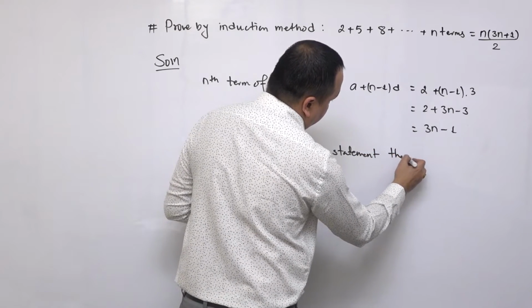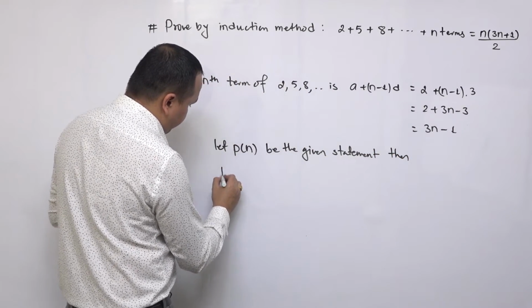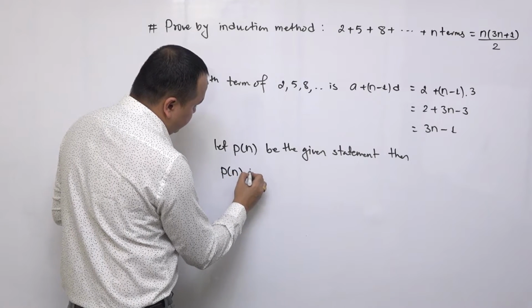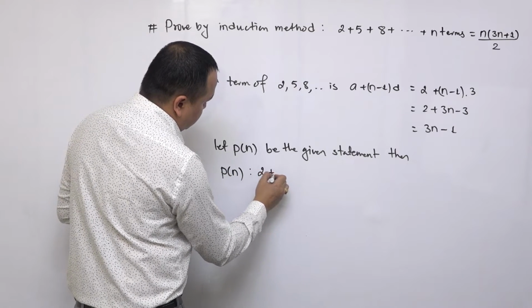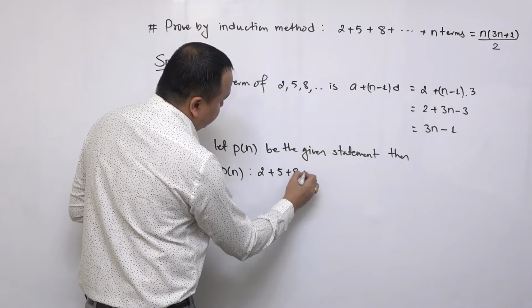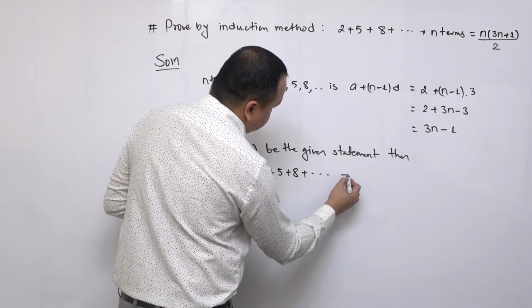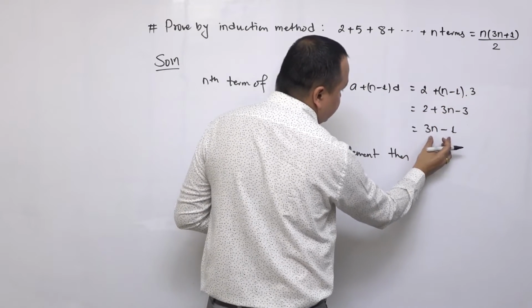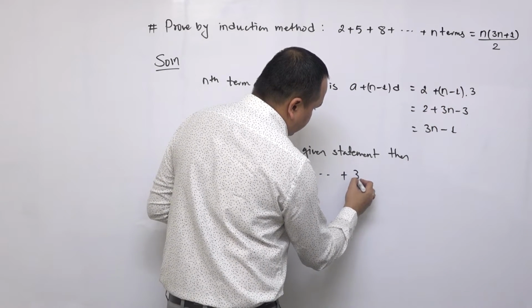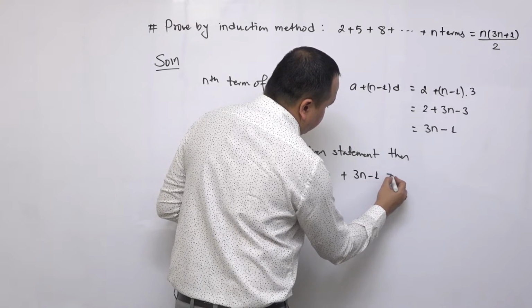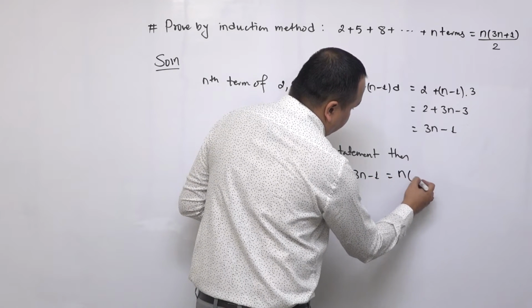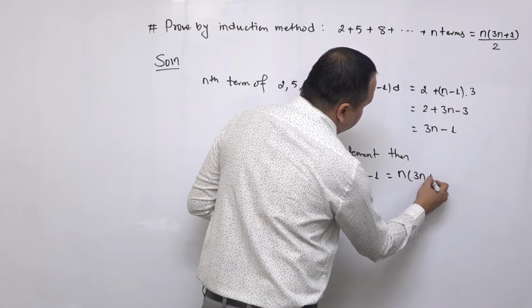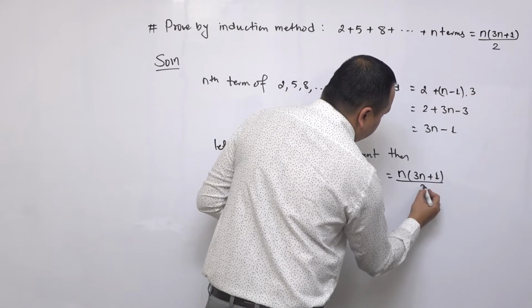Then Pn such that 2 plus 5 plus 8 plus ... the n terms, that is 3n minus 1, is equal to n times 3n plus 1 divided by 2.